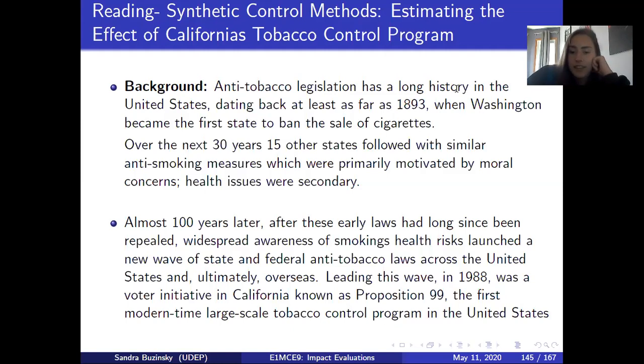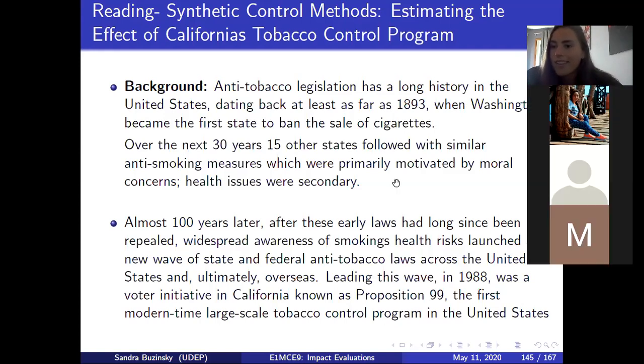Almost 100 years later, what's that? What do you mean with moral concerns? It's just like smoking is associated with sinning, I guess. I don't know if it was a Catholic or Christian push towards, oh, you're sinful if you smoke, it's not the right thing to do, it's not proper. So I guess that's what they're referring to.